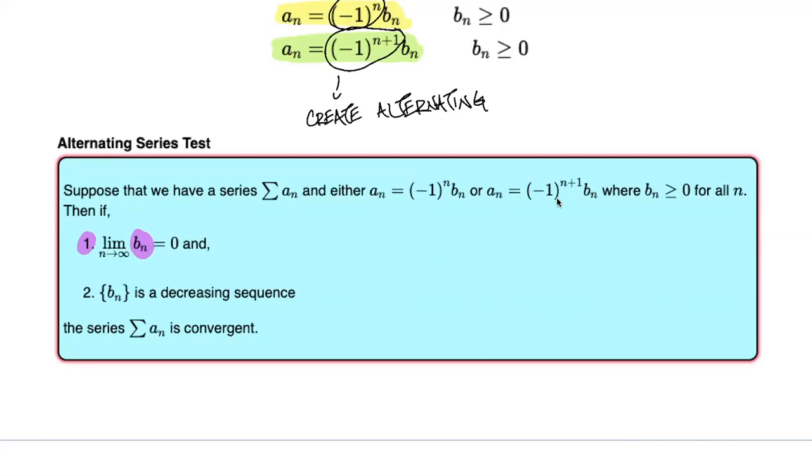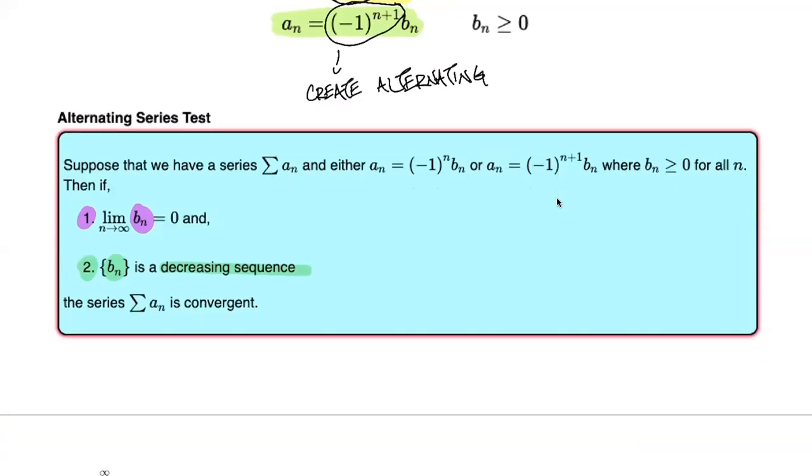The second thing we're looking for is that our b sub n is a decreasing sequence. If we can identify these 2 things about our b sub n, that means the alternating series is convergent.